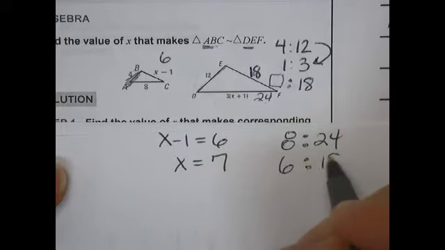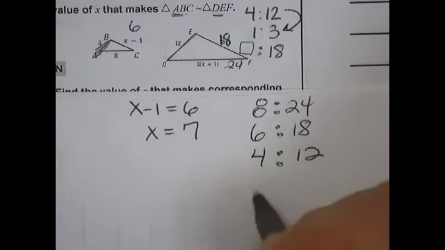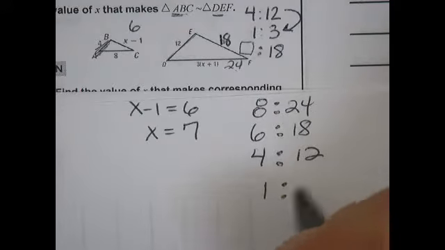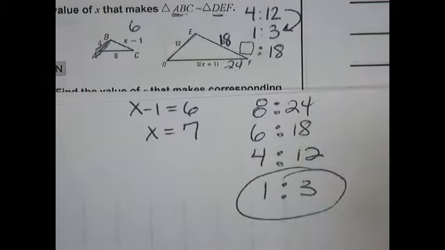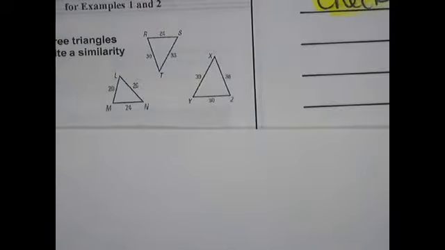So 8 is to 24, as 6 is to 18, as 4 is to 12, and with a little arithmetic, that all reduces to a 1:3 ratio. So they are similar.